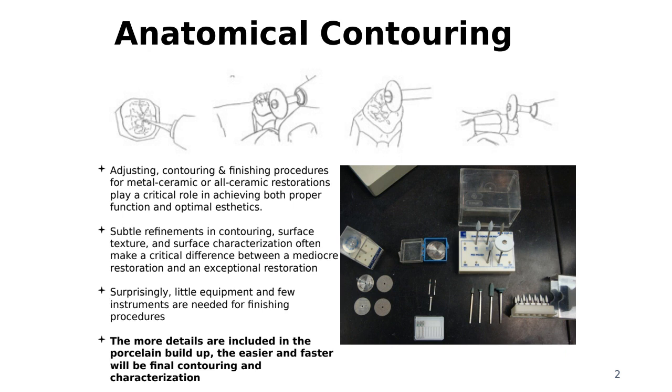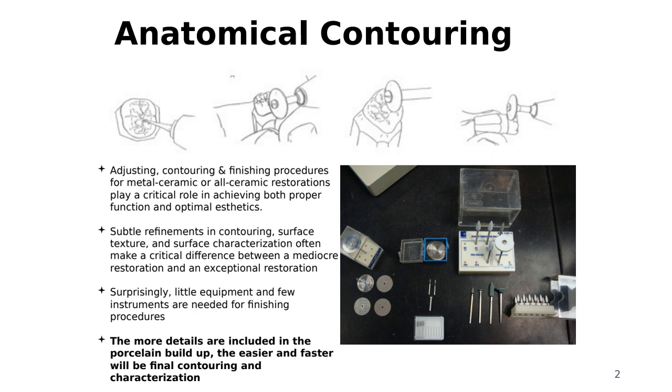Okay, so anatomical contouring is a very complex notion that deals not only with the shapes that we learn about each tooth, that each tooth has a general shape, but how you customize that shape to meet what the patient has.